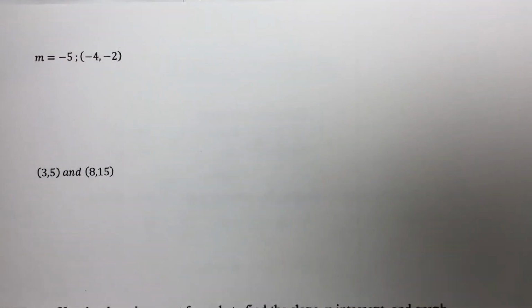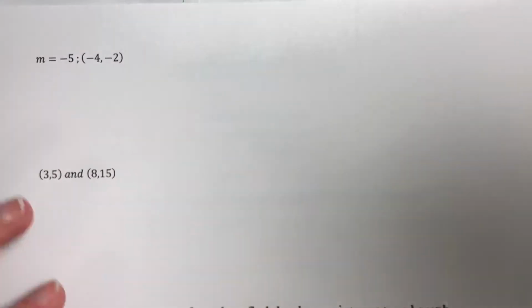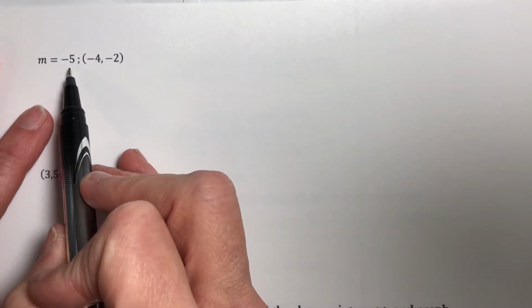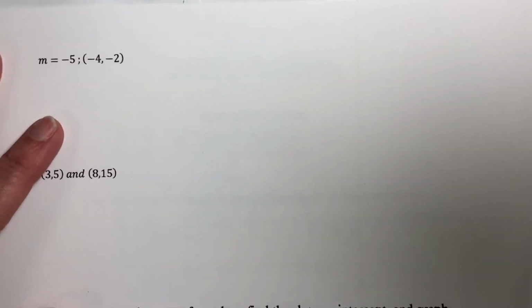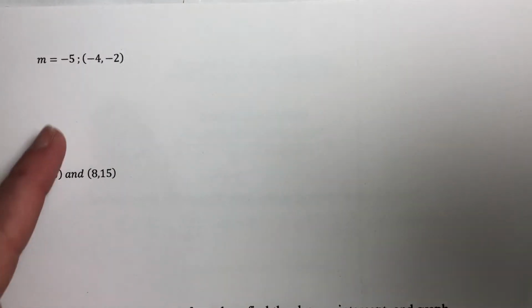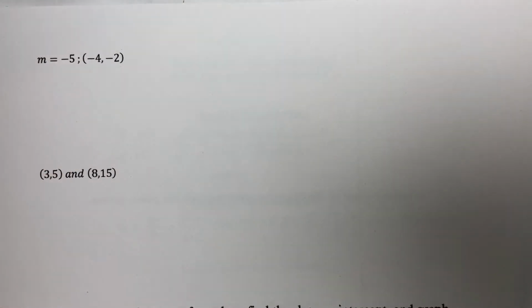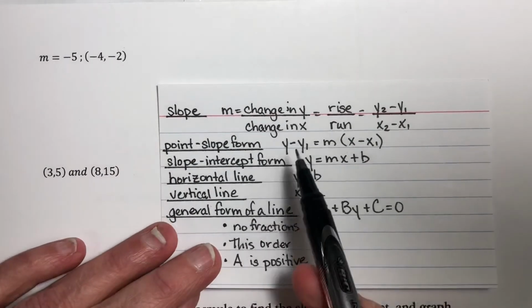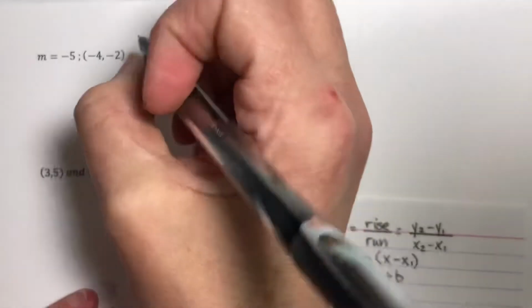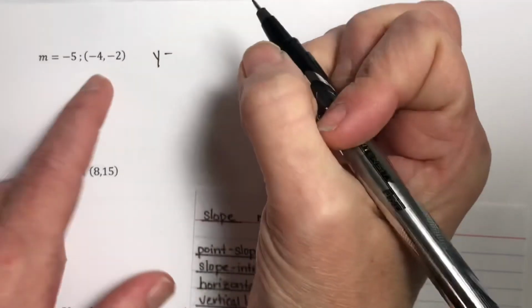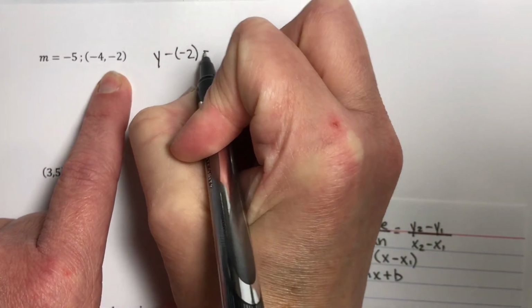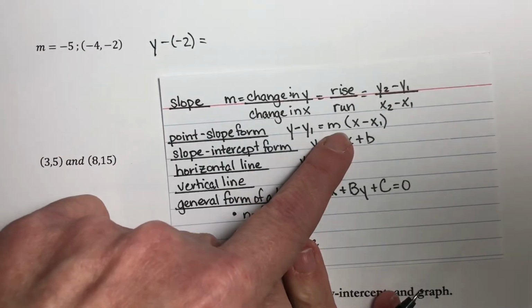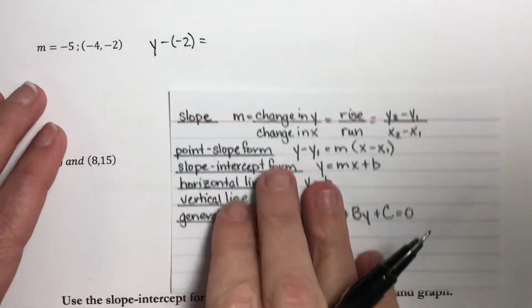So let's do the same type of problem here with our slope equal to -5, and the point we're going through is -4, -2. Okay, so the first thing we do, since we have a point and we have a slope, we use the point slope formula. Y minus y1. Y1 will be -2 is equal to slope times x minus x1.